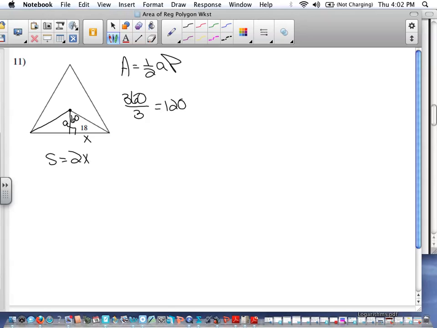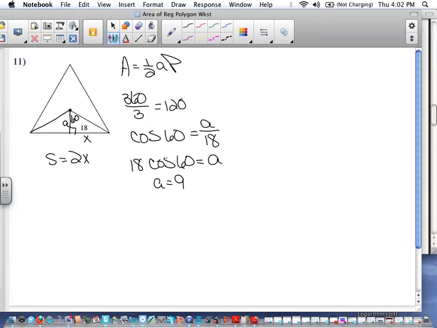Now I'm going to go ahead and use sine, cosine, and tangent. So for the first one, I want to find the apothem. So I'm going to take cosine of 60 is equal to A over the hypotenuse, which is 18. The variable's up high, so you multiply 18 times cosine of 60 equals A. So A is equal to 9.